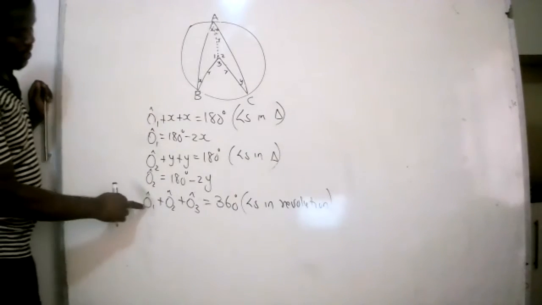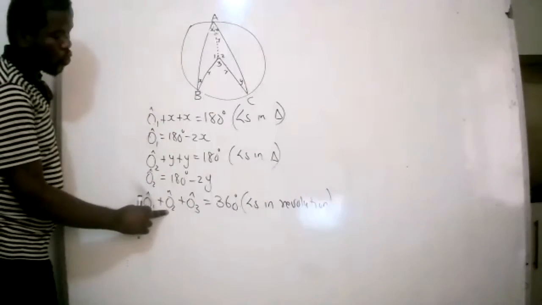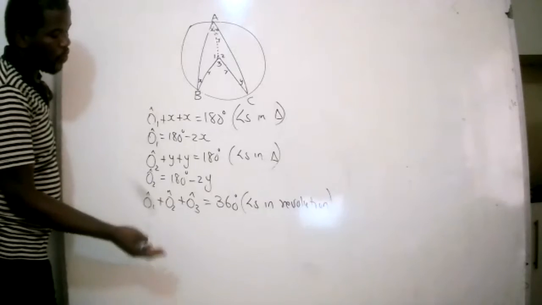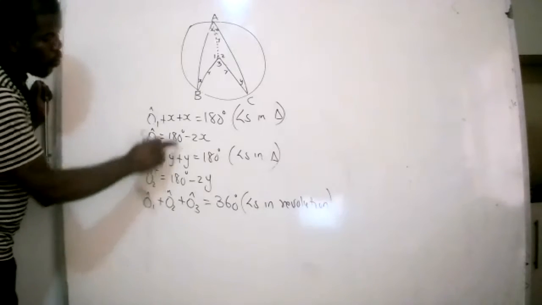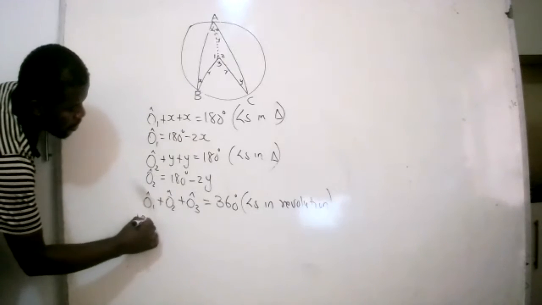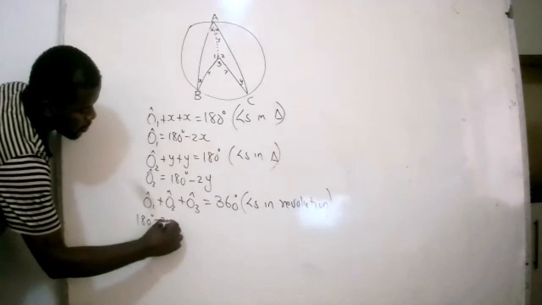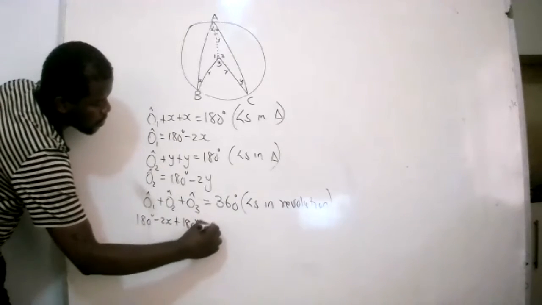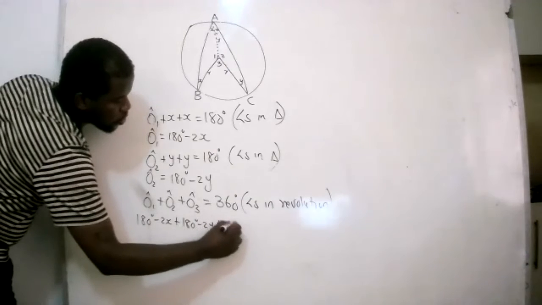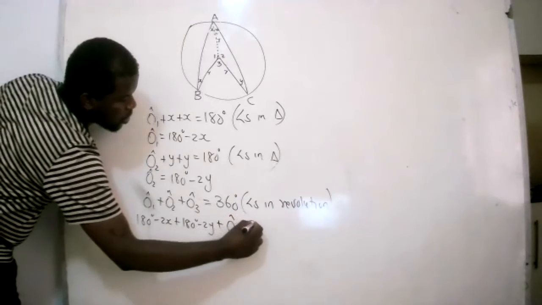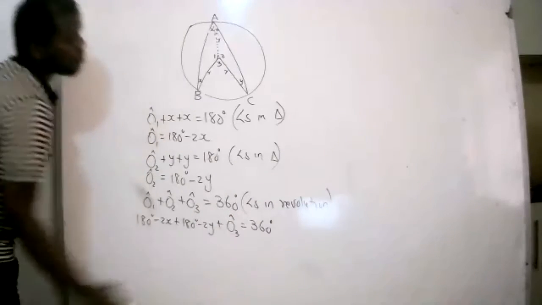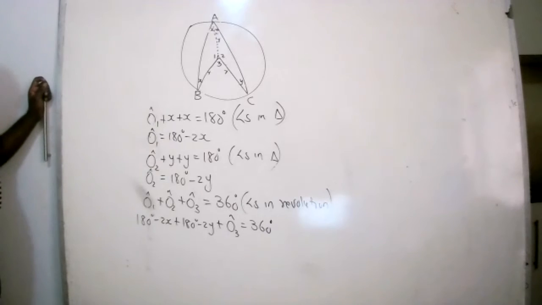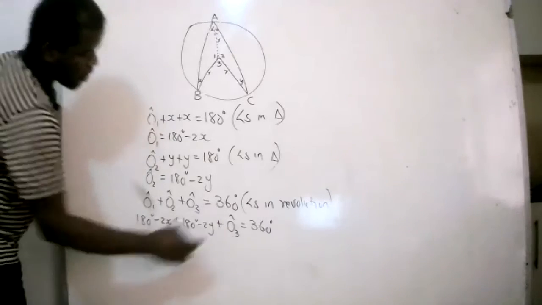Yes. But angle O1 and angle O2, we already have them. So angle O1 is 180 degrees minus 2x, and angle O2 is 180 degrees minus 2y, and then plus O3, which is equal to 360 degrees. I hope we're together.